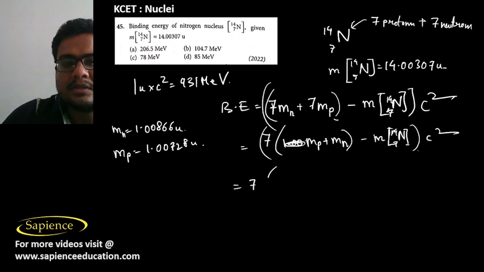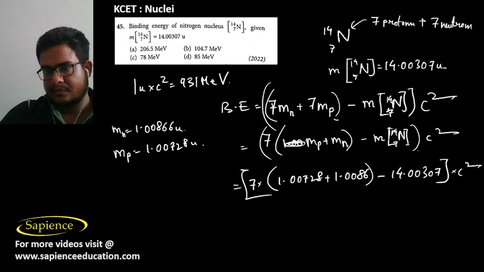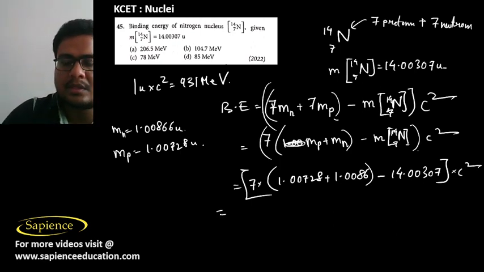Mass of neutron is 1.00866 u, and mass of proton is 1.00728 u. I can write 7 into 1.00728 plus 1.00866 minus 14.00307, that into 1 u into c square.